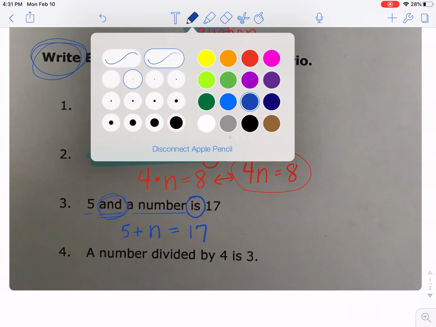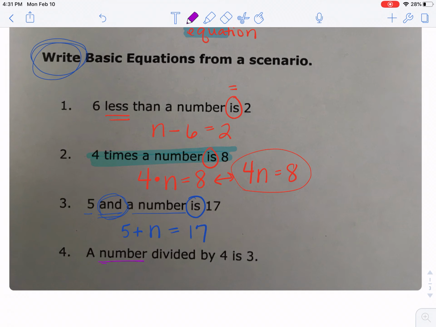And then for our last one, we have a number divided by 4 is 3. So a number divided by 4 is 3.